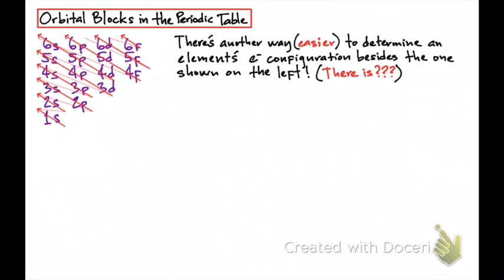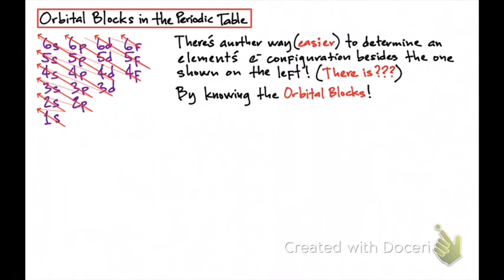In my opinion, this method is the easiest way to determine an element's electron configuration, because all you have to do is look at a periodic table, and depending on where the element is, you'll be able to write out the electron configuration. You can even use the noble gas electron configuration instead of looking at this diagram shown here on the left. Instead of using that, you can just, again, look at a periodic table. But again, it's up to you, whichever method you want to use in determining any element's electron configuration.